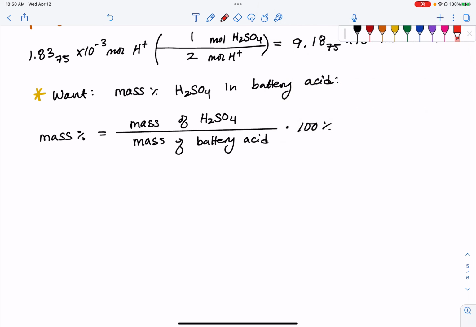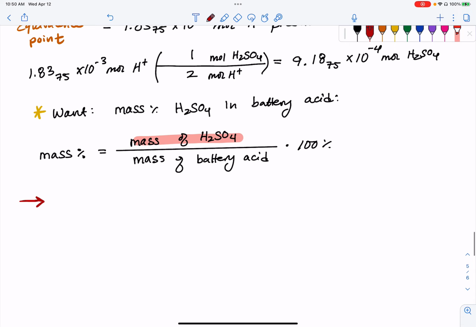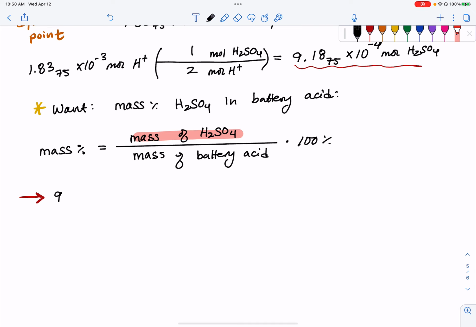So let's see if we can't get the mass of sulfuric acid. Well, I know a mole quantity of sulfuric acid, right? I know that in my flask, I neutralized 9.18 carrying 75 times 10 to the negative 4 moles of sulfuric acid.